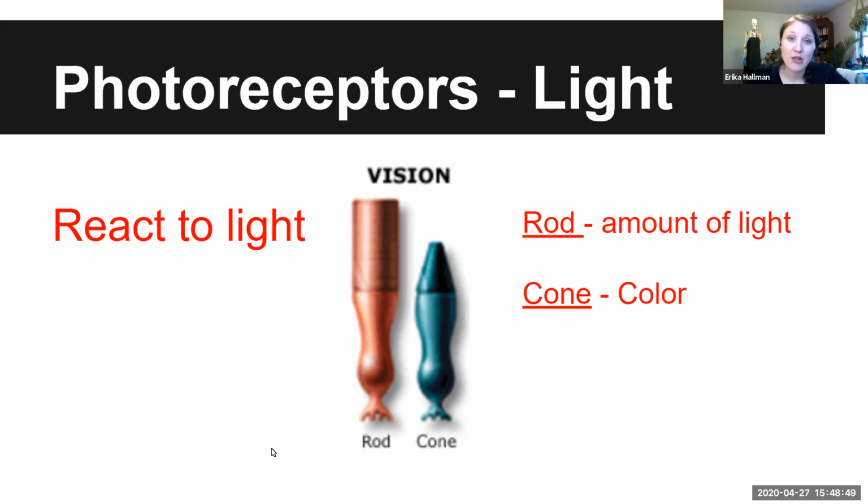And that's because the rods are in charge of really just monitoring and sensing how much light is in an area, whereas the cones are really good at sensing the visible spectrum of electromagnetic energy, so they can differentiate between color. And of course, we have different types of cones that will allow us to see the different spectrums of wavelengths.